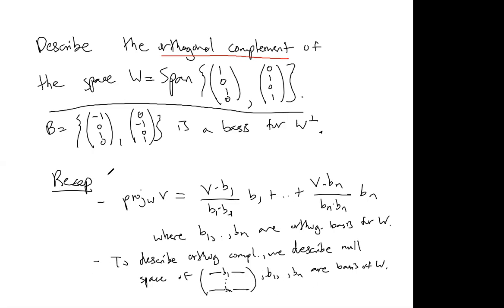And then lastly, right here, we went ahead of the class a little. If B1 through Bn are not orthogonal, we perform Gram-Schmidt to make them orthogonal.